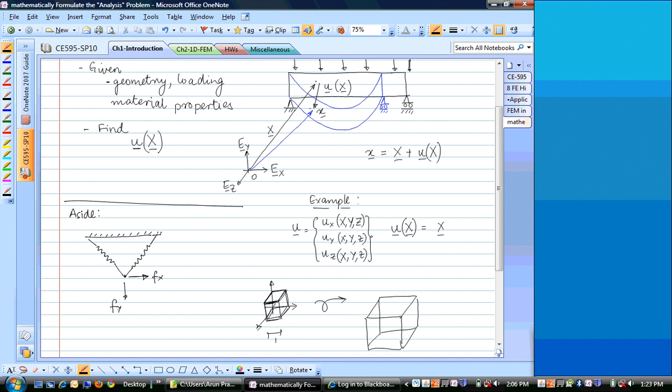And after deformation, perhaps the springs, this point goes to somewhere here. So the springs would be something like this and something like this. Let me call this theta 1. Let me call this theta 2. And now if I try to write out the equation of equilibrium, this is Fx, Fy.